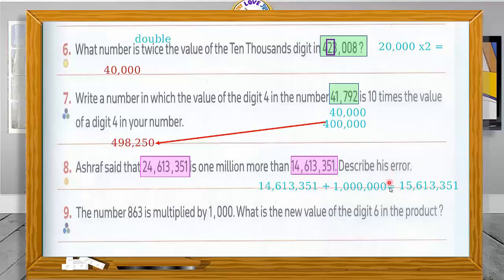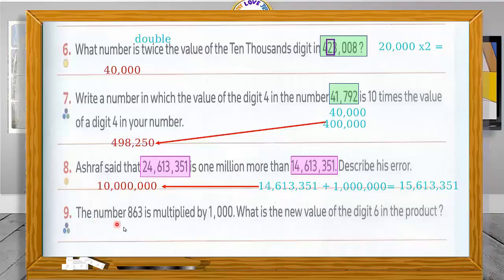So the answer will be 15 million, not 24 million. So this statement is not right. The right answer is 10 million. This number is more than this number by 10 million, not 1 million.